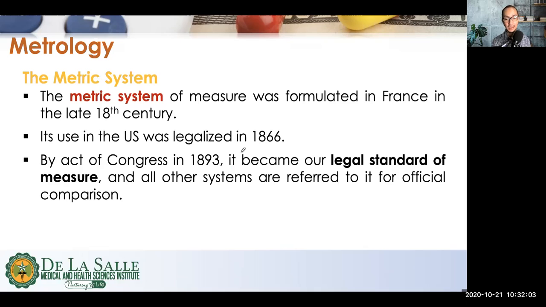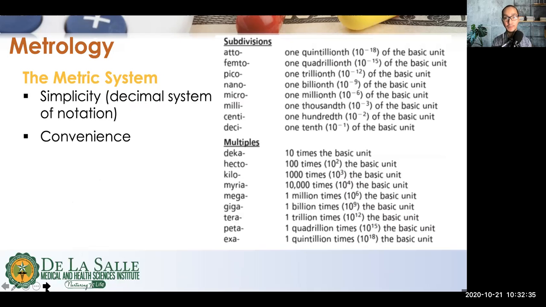For example, if they will be changing their temperature to degrees Celsius, or their speed limits to kilometers per hour, they will have to change their speedometers also, etc. Because of those difficulties, they remain one of the few countries which have not used the metric system widely. Philippines included.